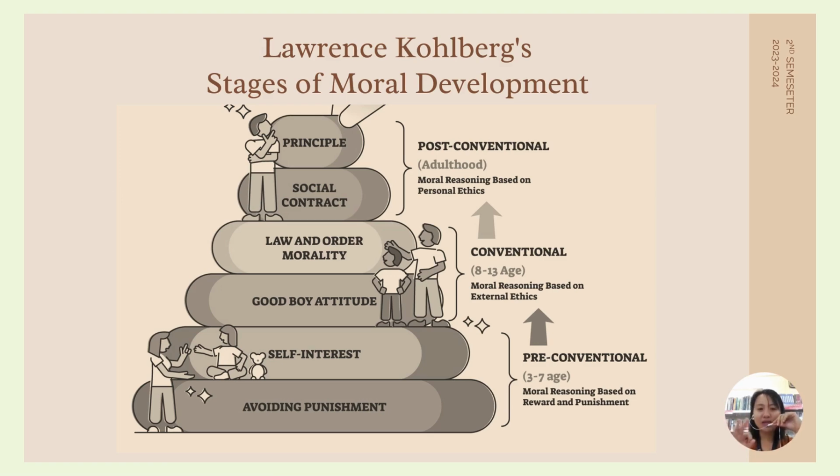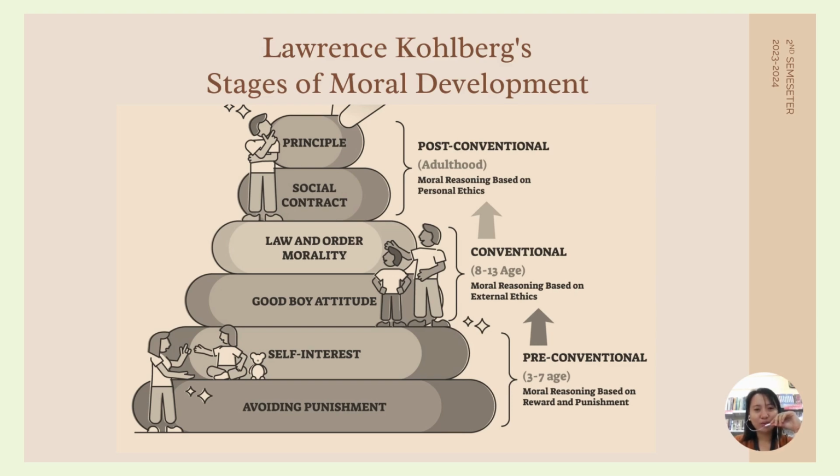Okay? The stage 3 under the conventional level is the good boy, nice girl orientation, or the good boy, good girl attitude. And in here, behavior is determined by social approval, like the individual wants to maintain or win the affection and approval of others by being a good person. Okay?